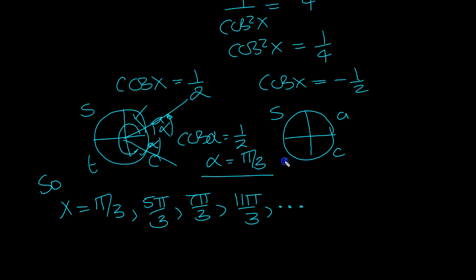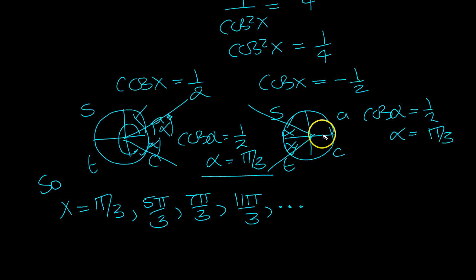Next one, CAST. Cos is positive here and here, so it's negative there and there. Mark off alpha, the associated acute angle, and write cos alpha equals, and drop the negative. Shift cos a half is pi over 3. So our first solution is round to here. Pi minus pi over 3 is 2 pi over 3. So these are also solutions.